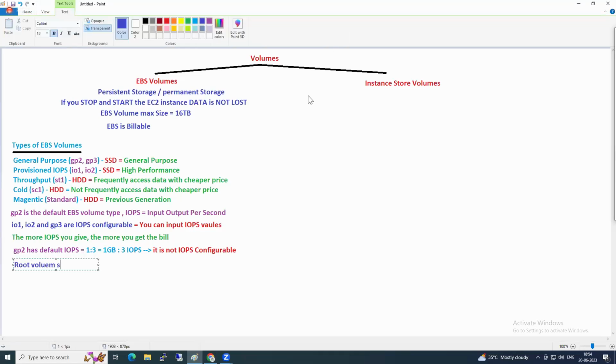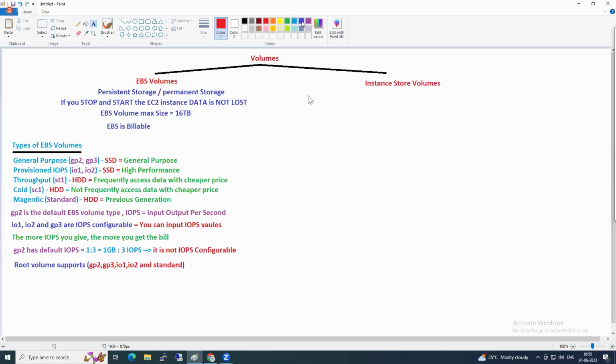Root volume supports GP2, GP3, IO1, IO2, and standard. ST1, SC1 root volume will not support.